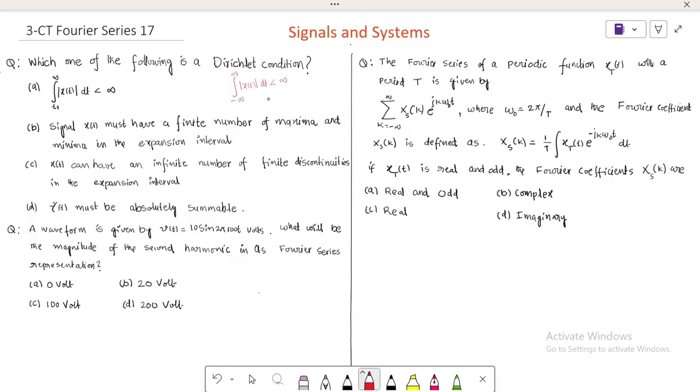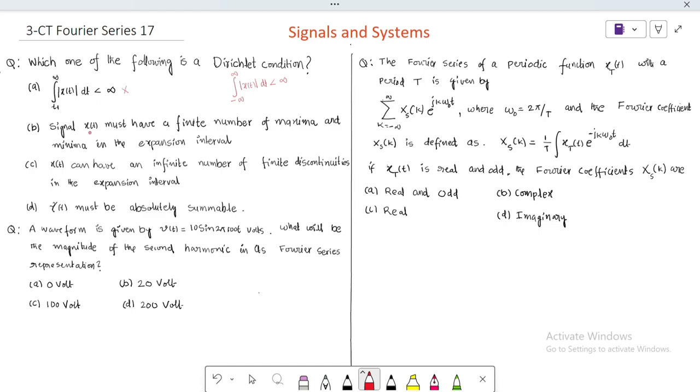The second condition: within the time period, it should have a finite number of maxima and minima. The third condition: it should have a finite number of discontinuities. Now the first option is the integral of mod x of t dt, but it is from t1 to infinity. It must be minus infinity to infinity, so it is wrong.